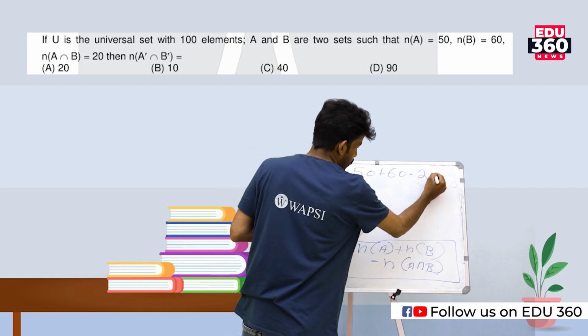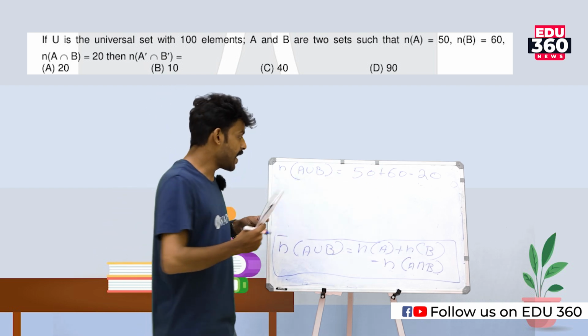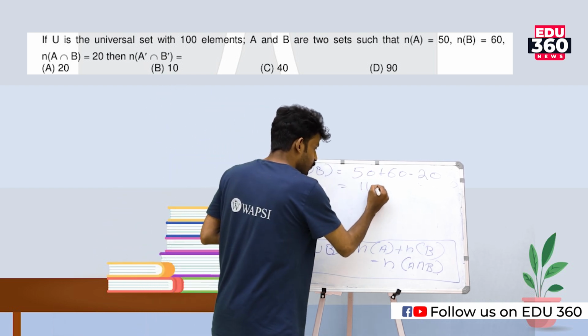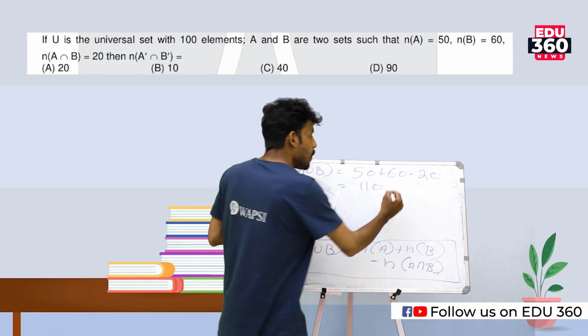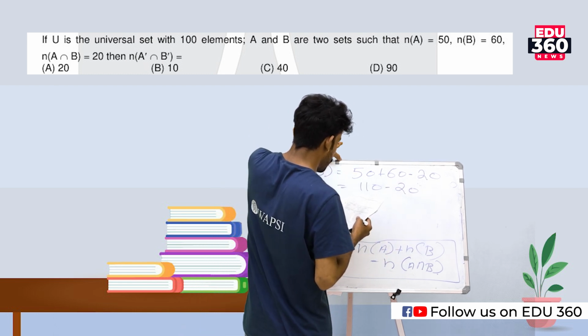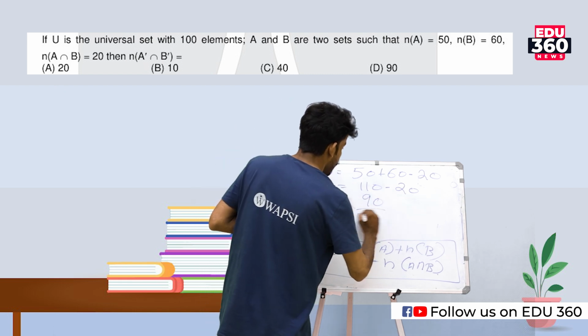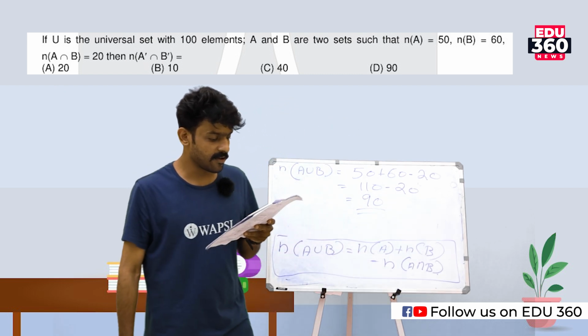So just substitute this. 50 plus 60, the answer is 110. 110 minus 20. So for this one, n of A union B is equal to 90.